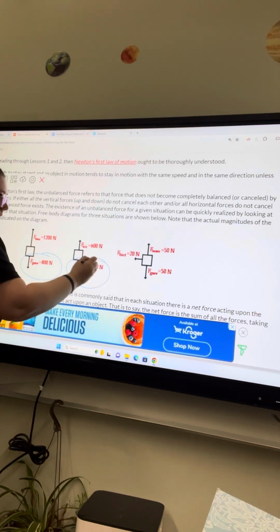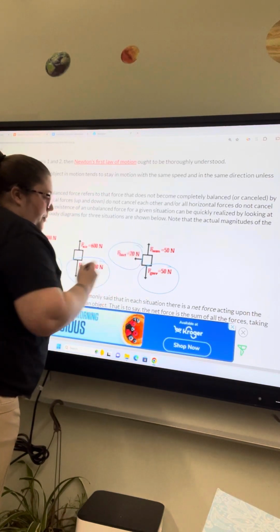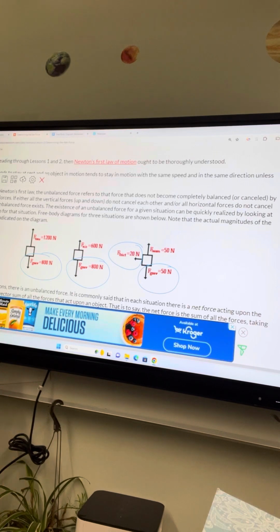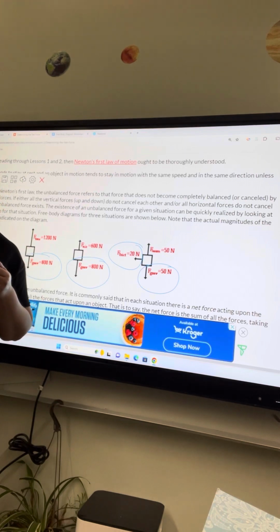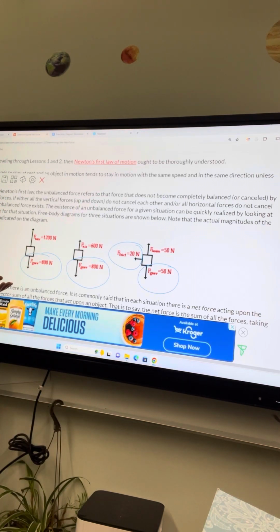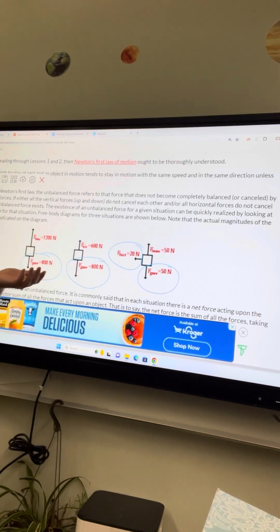F of gravity will be assigned a negative number, and F of friction will be assigned a negative number, okay? So it's already got its number. All we do is assign it a negative, okay? And what we do is we add all those numbers up and see what they equal. It's very easy, okay?